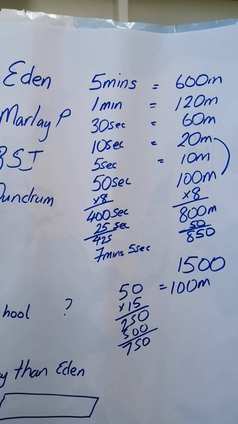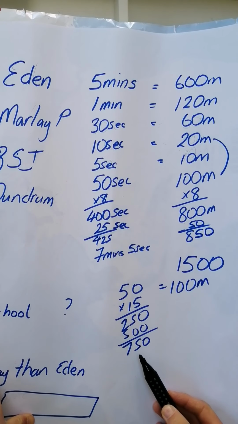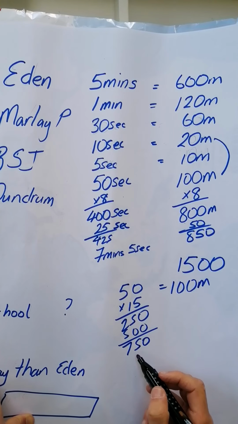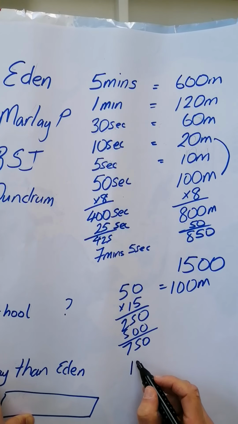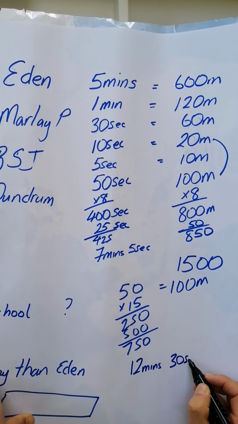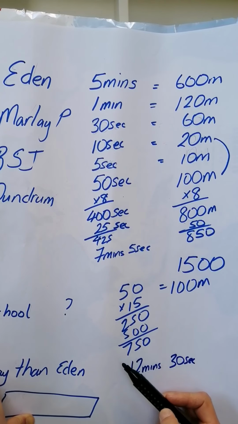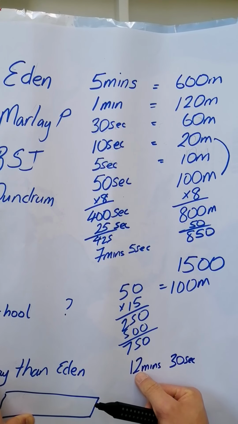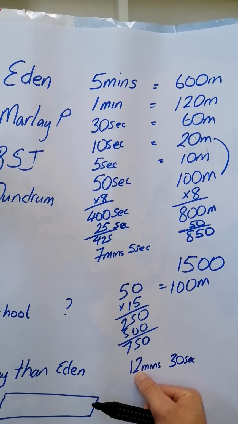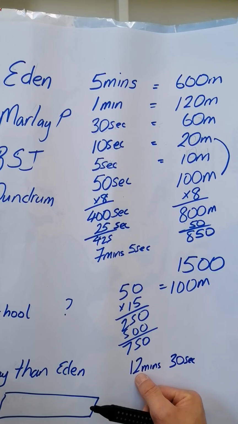So how many sixes go into that? Let me see. Is that right? 72, 12 minutes. I think that's right, 12 minutes and 30 seconds. Does it look right? This is about half of it. Yeah, that looks about right.